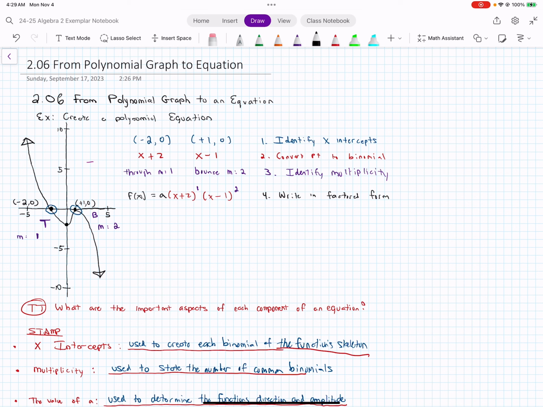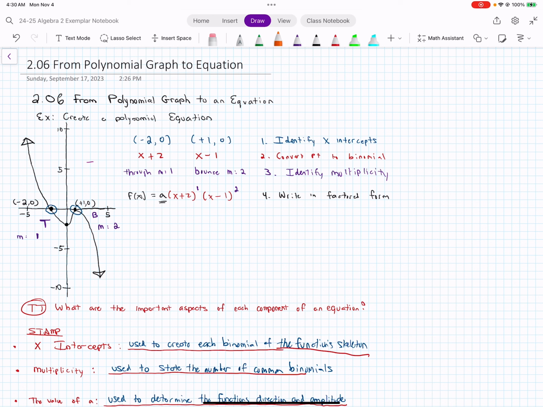And what we notice from here is that we have 3 unknown variables, f of x, a, and x. And so for us, in order to solve for a, which is going to be our objective now, just like on the do now, just like in any other time, we're going to substitute the y-intercept to solve for a.